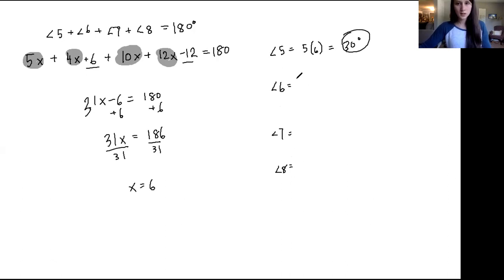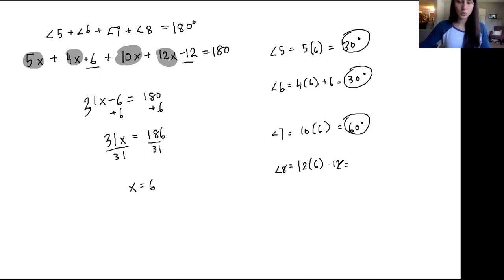Angle 6 is 4x plus 6, so 4 times 6 plus 6, which is 30 degrees too. And then angle 7 is 10 times x, which means 10 times 6, that's 60 degrees. And then angle 8 is 12x minus 12. So 12 times 6 minus 12 is also 60 degrees here.